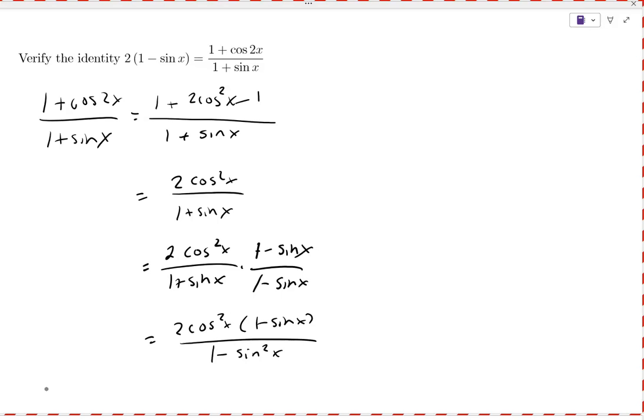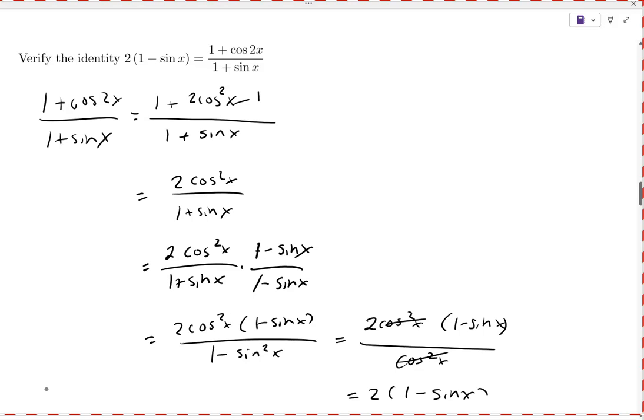In particular, it gets you that 1 minus sine squared x, which you can replace with cosine squared x. And then the cosine squared x's go away, and you're left with exactly what you want if I actually write a minus sign instead of a plus sign. Yeah, that's great.